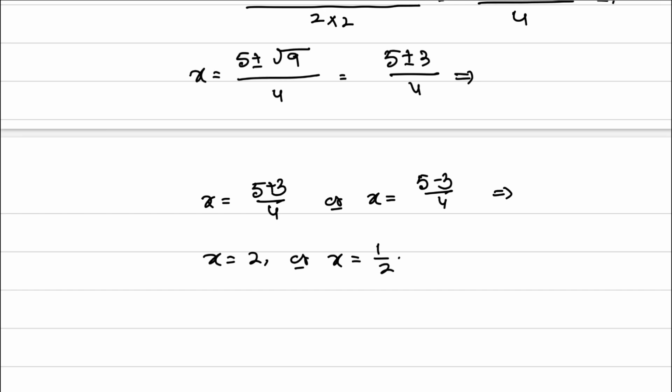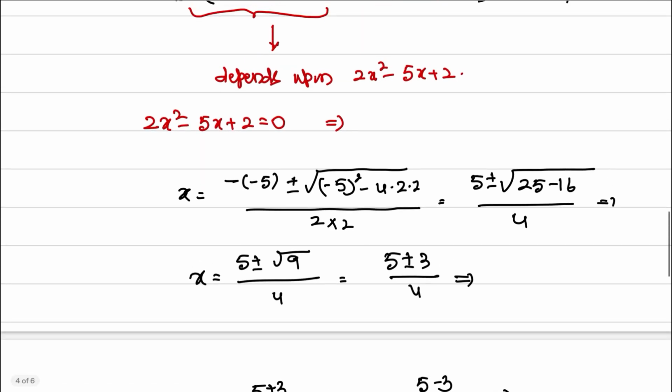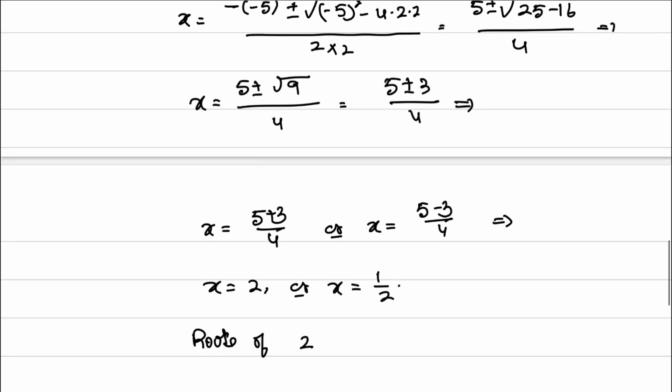These are the roots of 2x square minus 5x plus 2 is equal to 0.